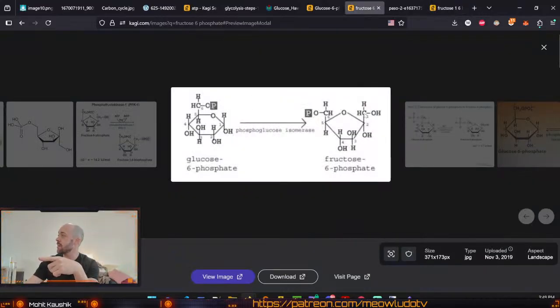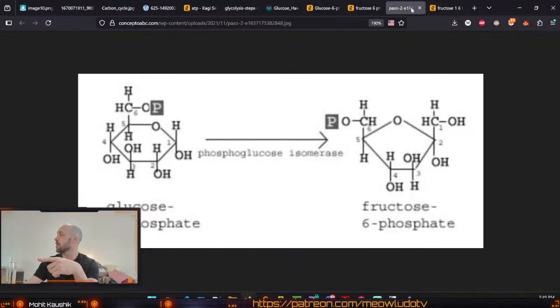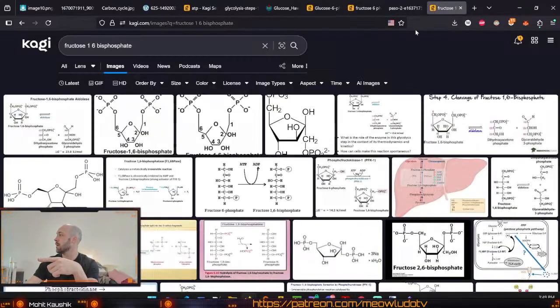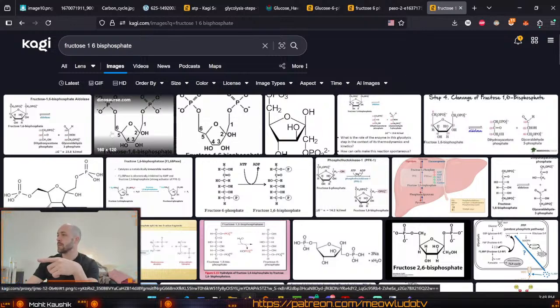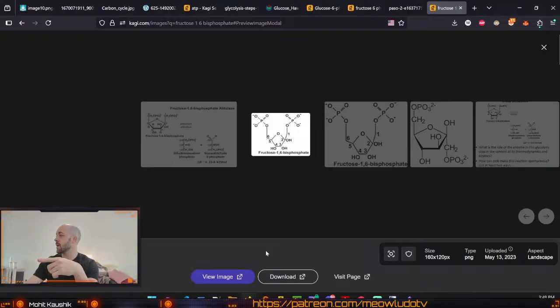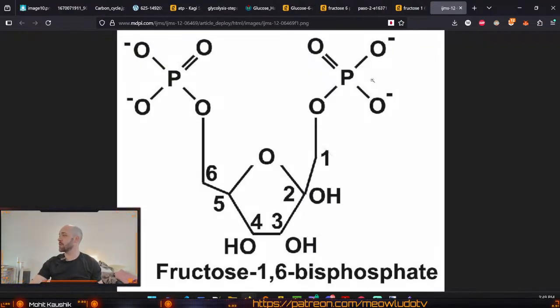We're now going to have another phosphate group coming off up here. Is that right? Let's have a look. Yeah. Okay. And it's going to be a very symmetric molecule now. There we go. Yep. So that's what it looks like. Basically, it's exactly the same thing, except it's got a phosphate group on both the 1 and the 6. Okay, cool.